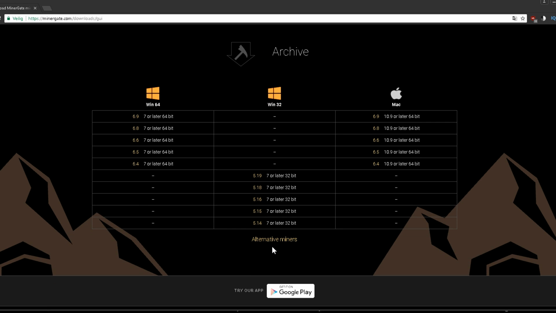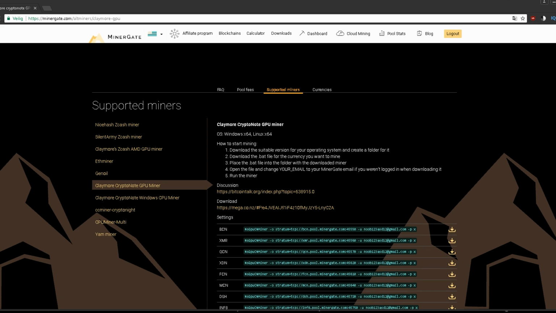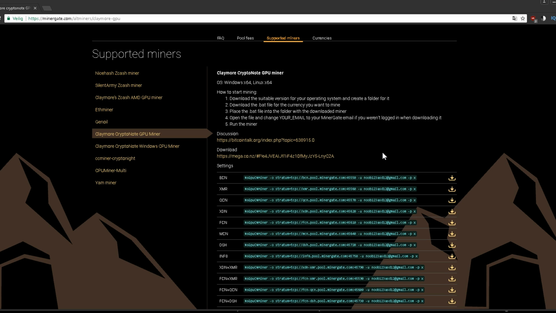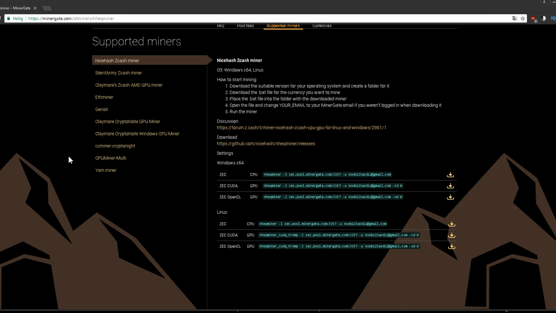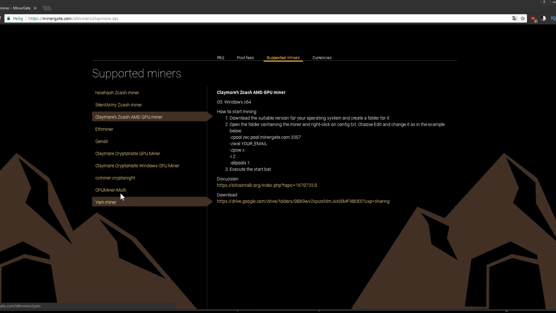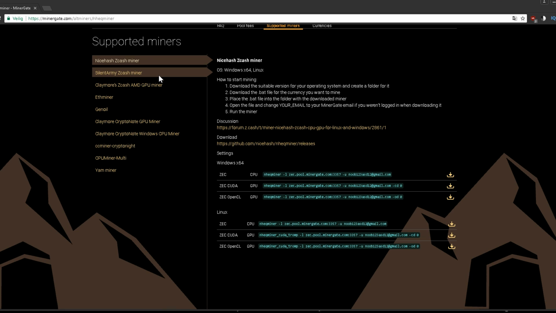Alright, now we're going to click on alternative miners, and here are some links for other miners that you can use, and these are mostly console miners, either for your CPU or your GPU, for different coins. Now some of these are actually outdated. They haven't updated this section in a while, because there are more recent miners.